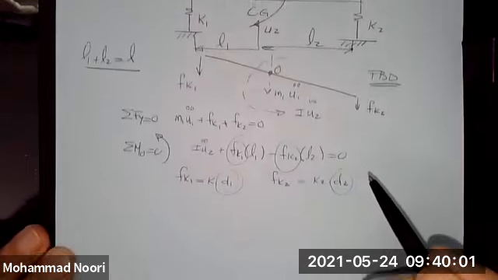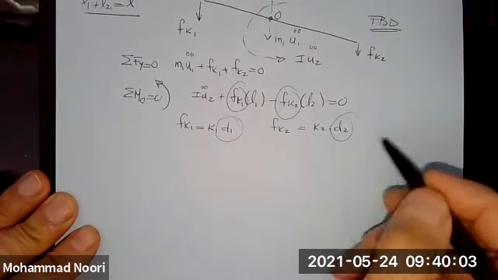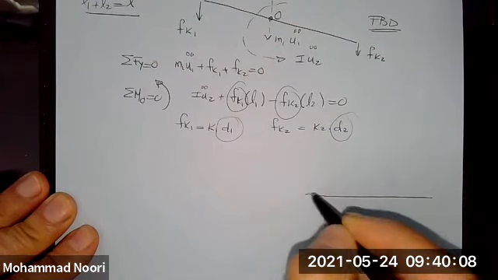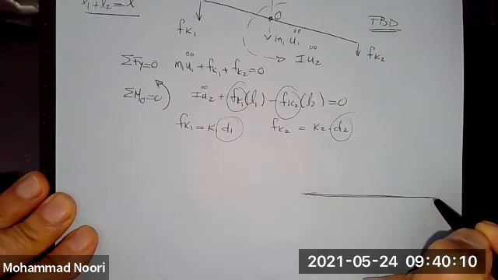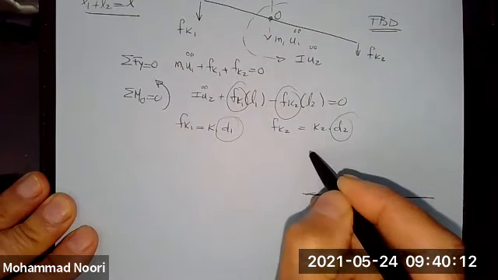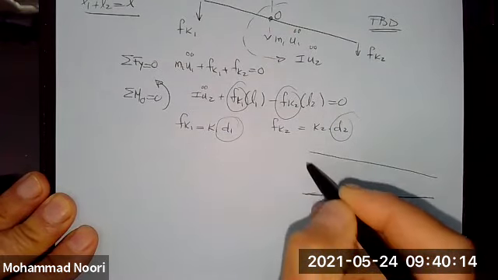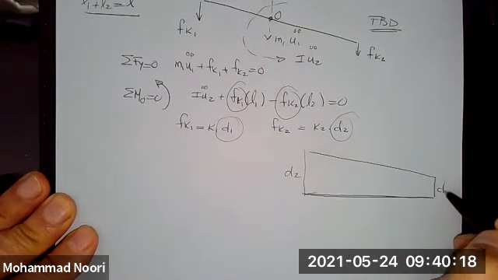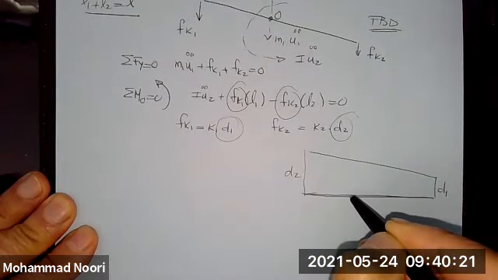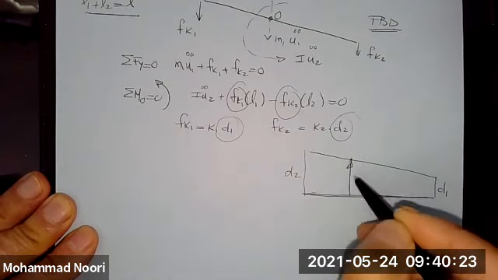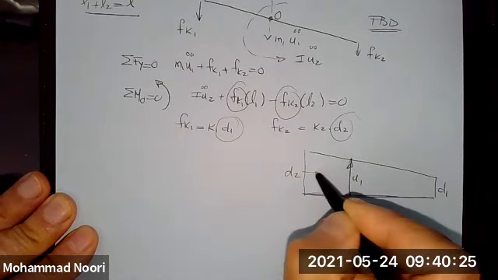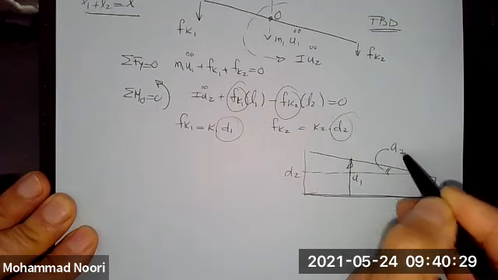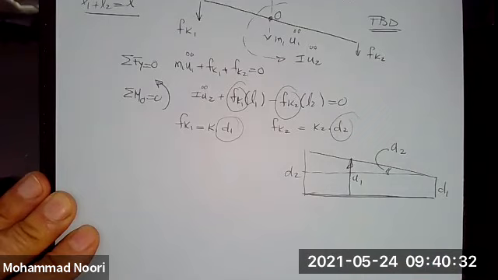So I need to relate D1 and D2 to U1 and U2. In order to do that, let's look at the geometry of the problem. You have, this is the original position, right? So this is the displaced position. This is D2. This is D1. U1 is this, and this is U2, okay?